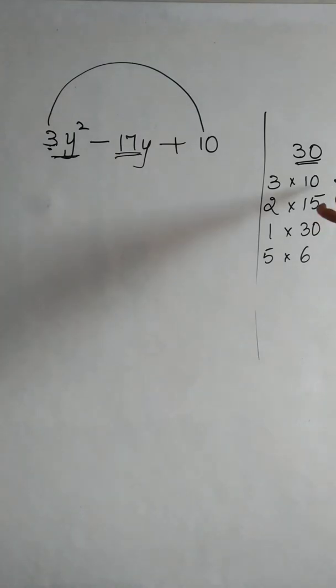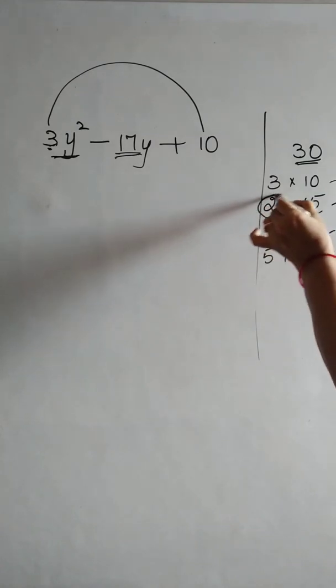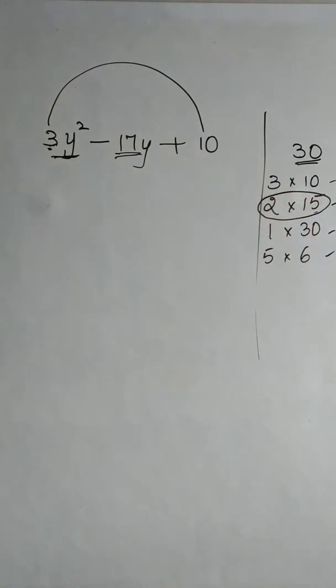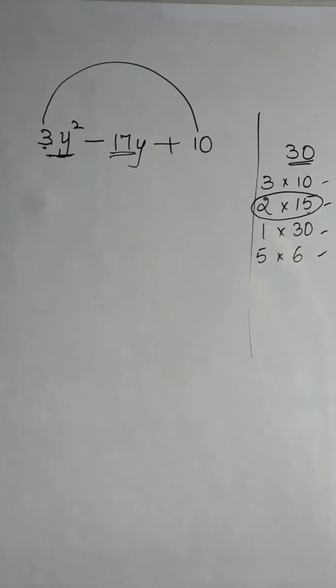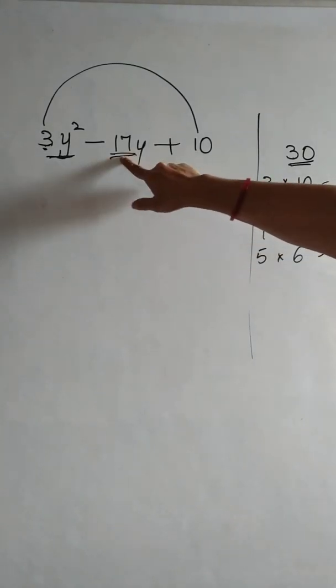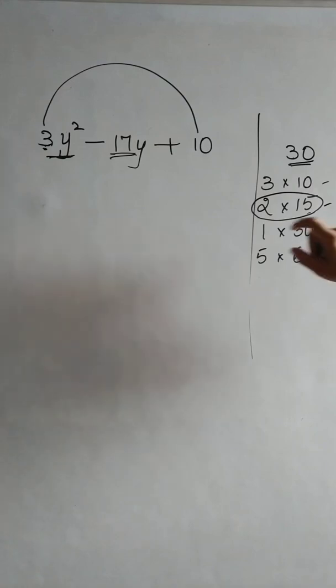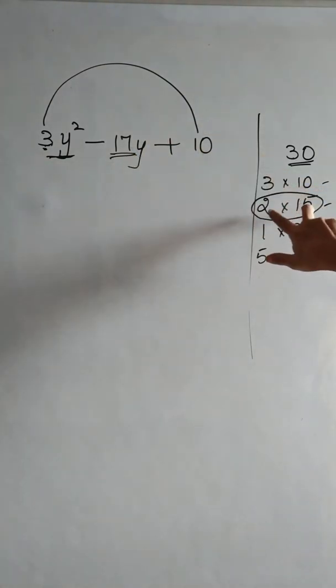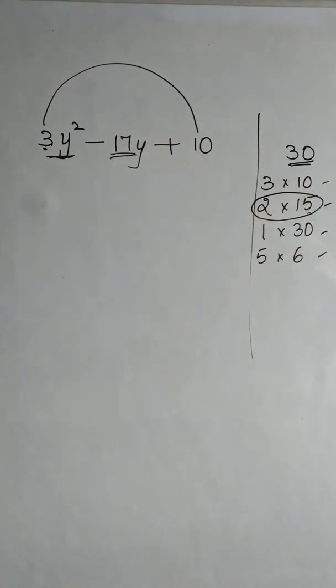So out of all these factors for 30, when you see here 2 into 15, when you add 2 and 15, we get 17, which is the middle term. We get 17 when you add these two factors. So let us consider 2 and 15 here.